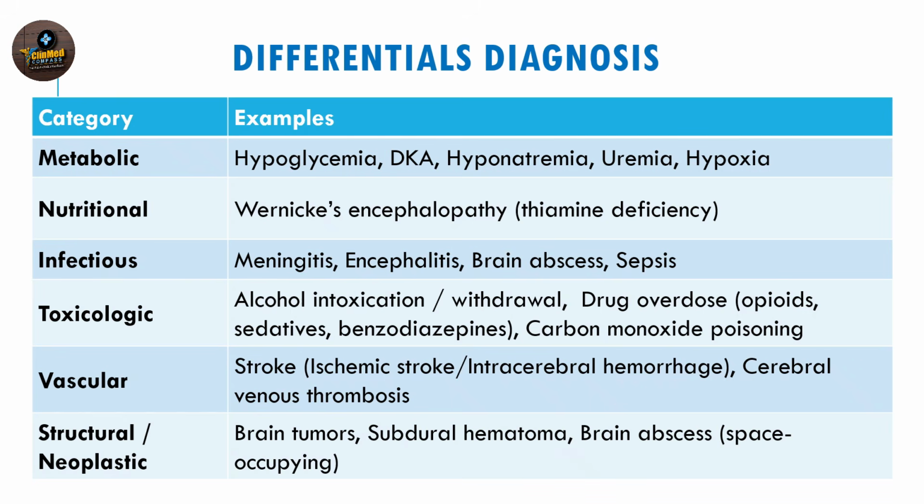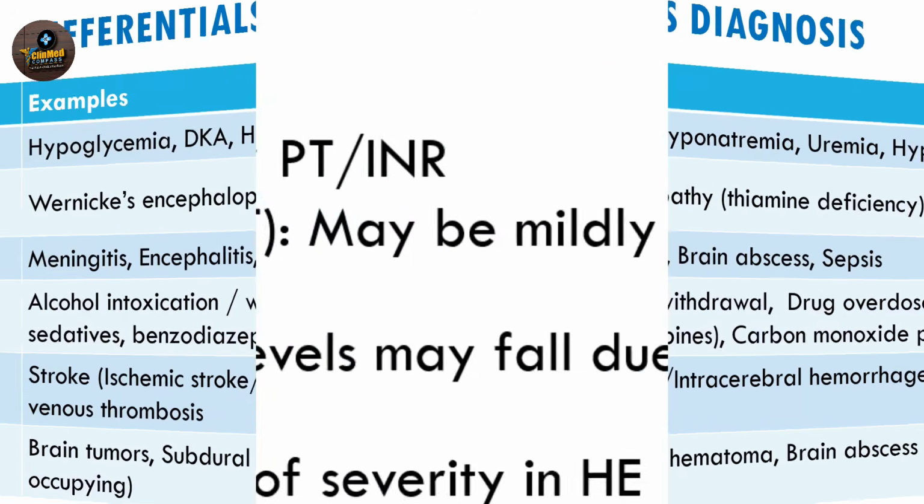Infectious: meningitis, encephalitis, brain abscess. Toxicologic: alcohol intoxication or withdrawal, drug toxicity, opioids, sedatives, carbon monoxide poisoning. Vascular issues such as stroke, both ischemic or hemorrhagic, cerebral venous thrombosis. Structural or neoplastic: brain tumor, subdural hematoma, or even brain abscess is also in this category.